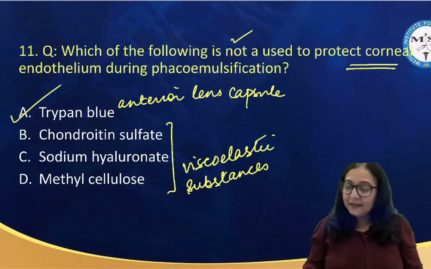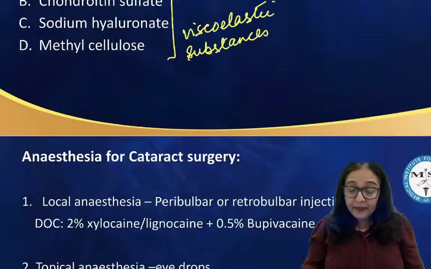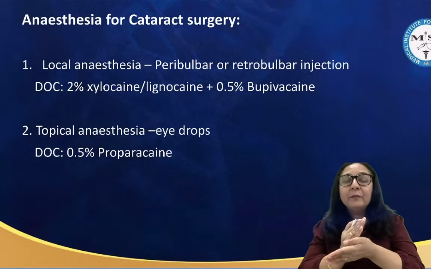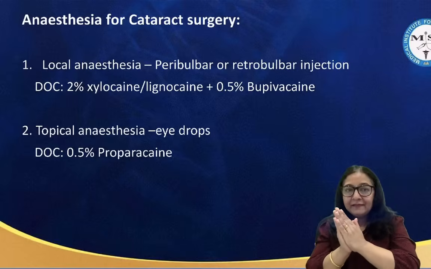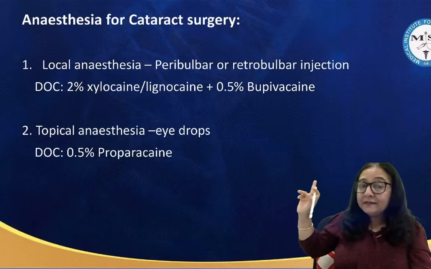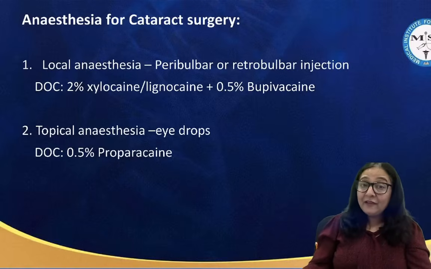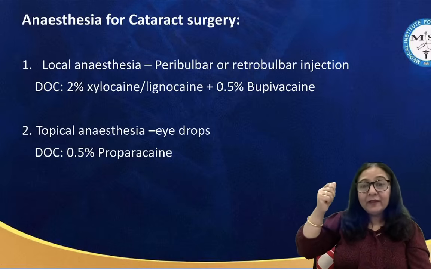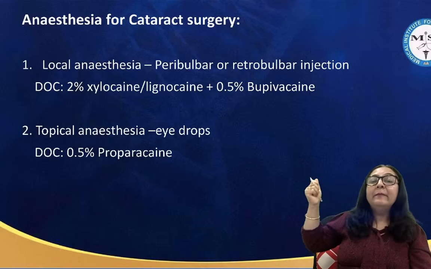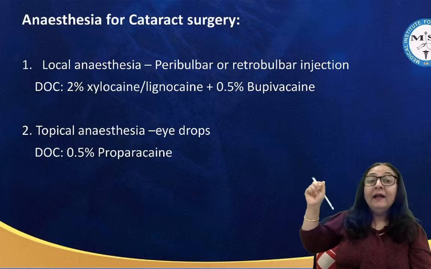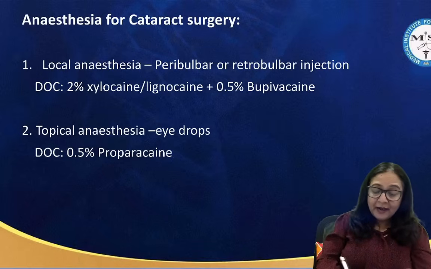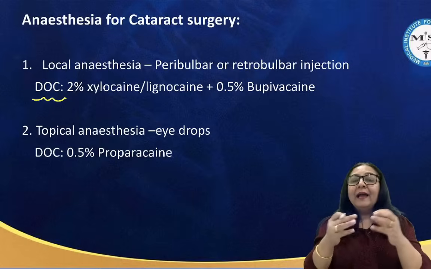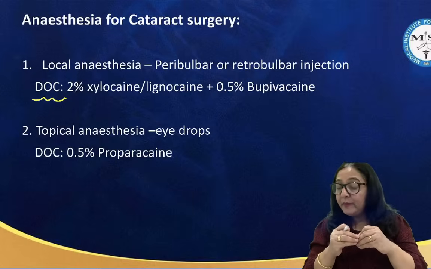Right? So coming to a little bit about the things which they can ask based upon cataract surgery, all kinds of substances which we are using. In the past there has been a question based upon anesthesia for cataract surgery. If you are using local anesthesia, giving an injection in the peribulbar or retrobulbar area, then the drugs used are 2% xylocaine, also called lignocaine, along with 0.5% bupivacaine.